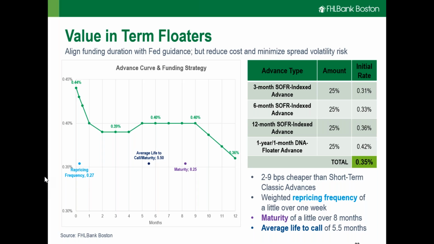And the DNA has a nice benefit as well, because you can pay down the advance efficiently if you no longer require the funding. This is something we've discussed with many of our members in recent weeks, and I think there's a good opportunity to align with Fed guidance and protect against market volatility, if you want to remain on the short end of the curve.